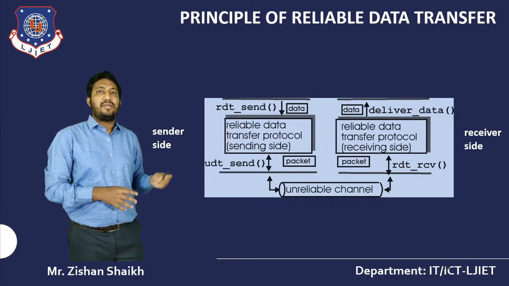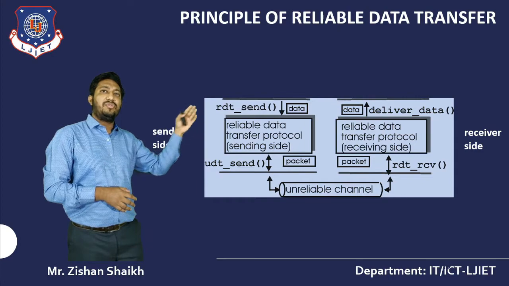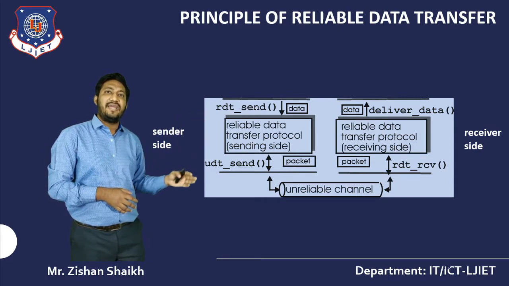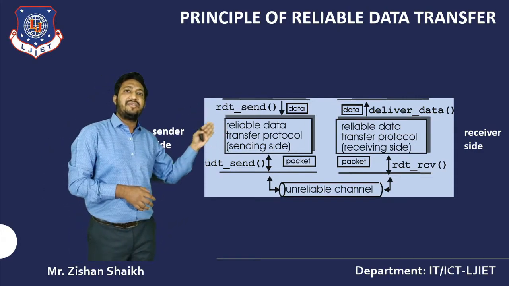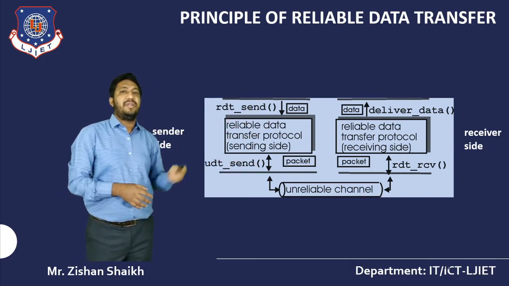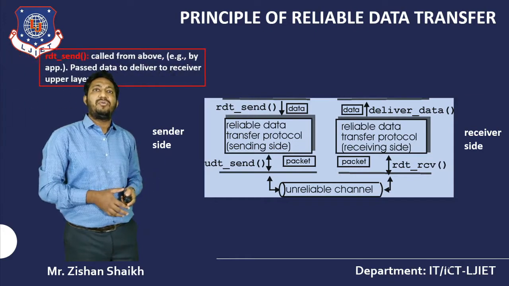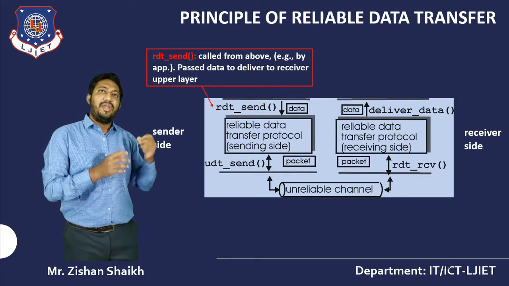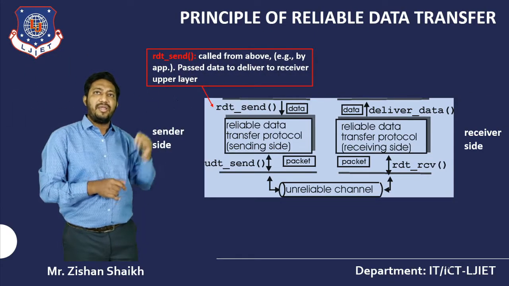This task is divided into four functions: rdt_send and udt_send at the sender side, and rdt_rcv and deliver_data at the receiver side. When we are talking about rdt_send, it is called from above, that is, from our application layer.